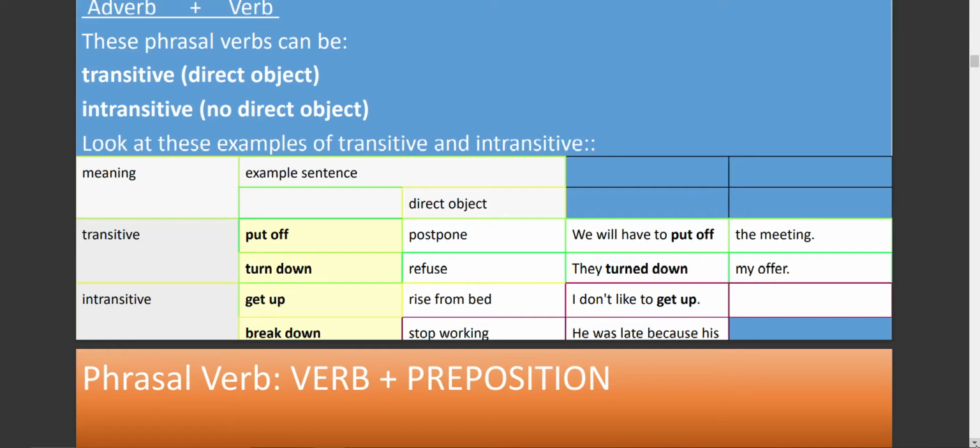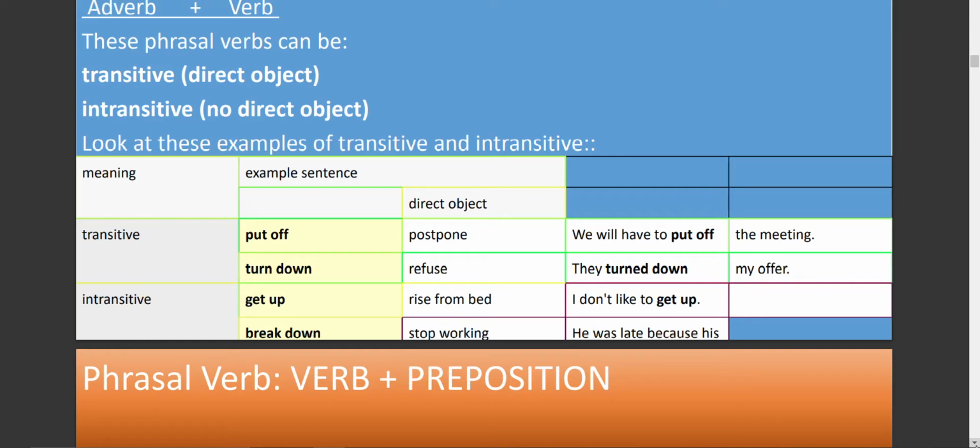Look at these examples of transitive and intransitive verbs, with meanings and example sentences. Let's say transitive: put off. This is transitive, with a direct object. Put off means postponed. We will have to put off the meeting.